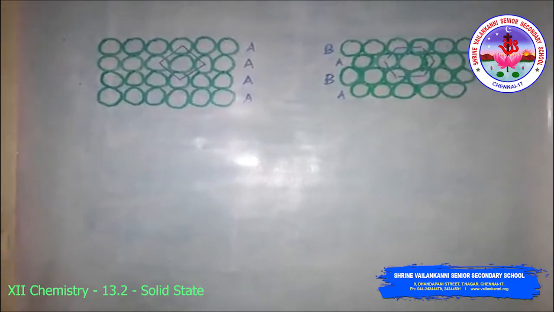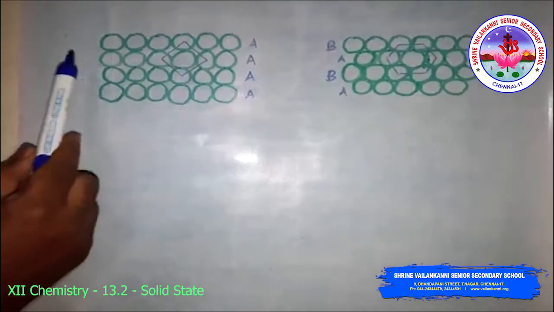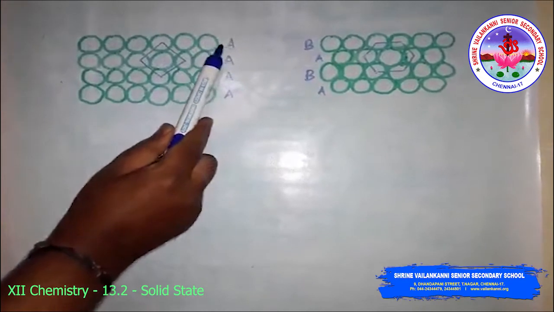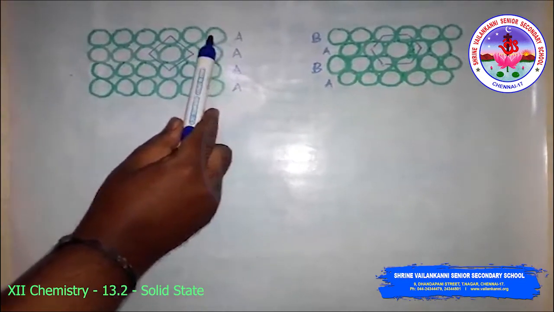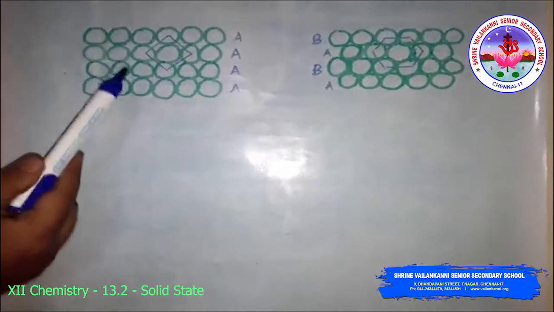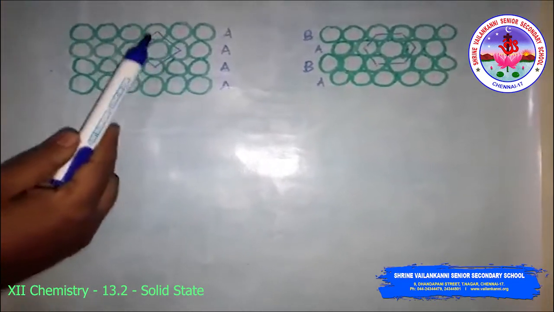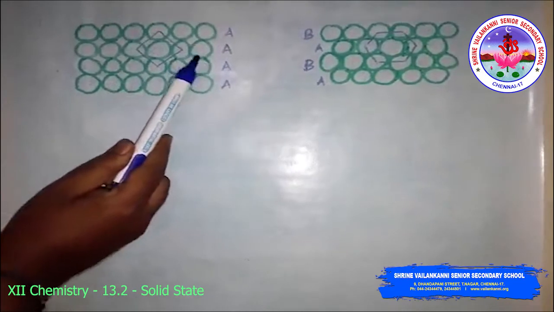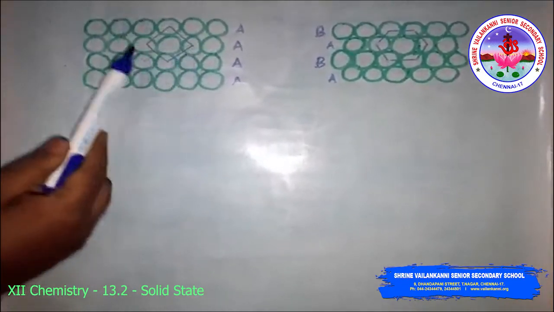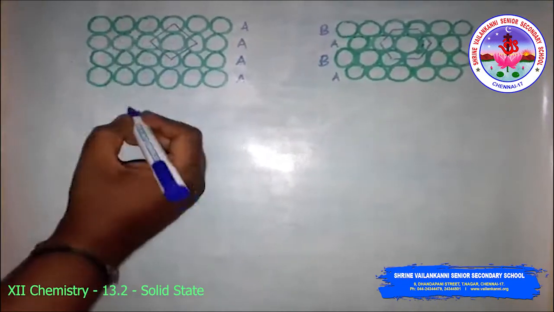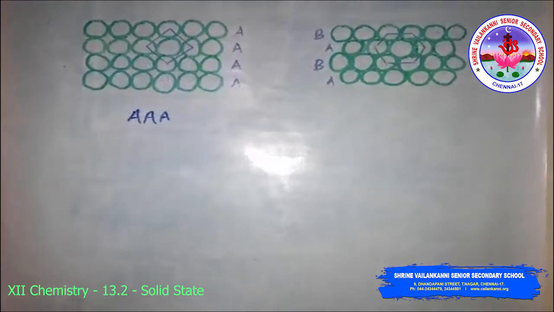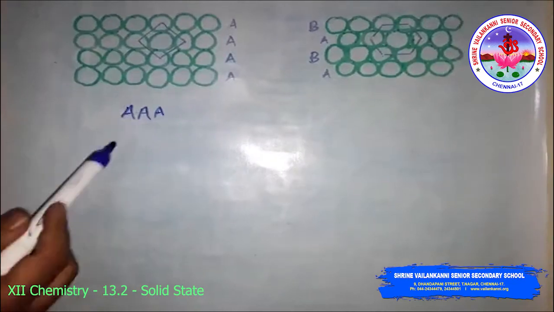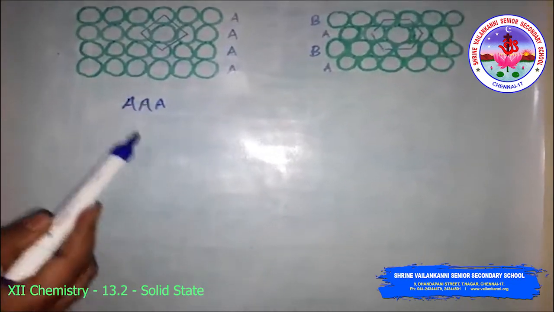If we call the first row A type, and the second row is exactly the same as the first one, so it is also A type. Similarly we may place more rows, all A type, all exactly the same rows. So this is the A type arrangement.